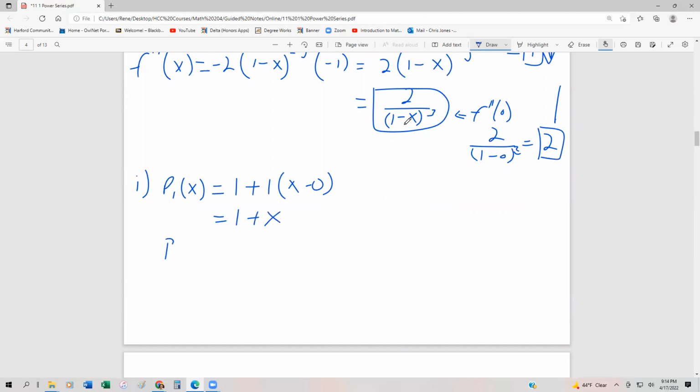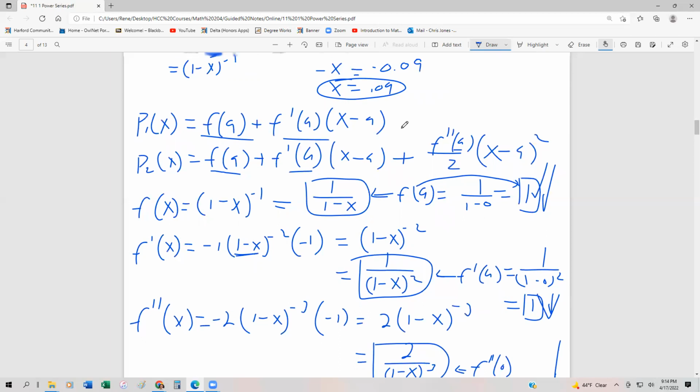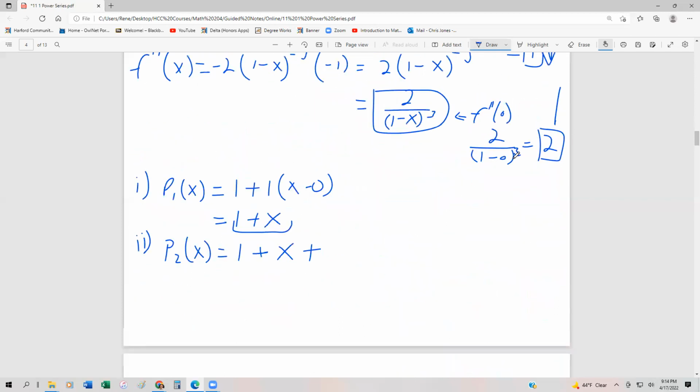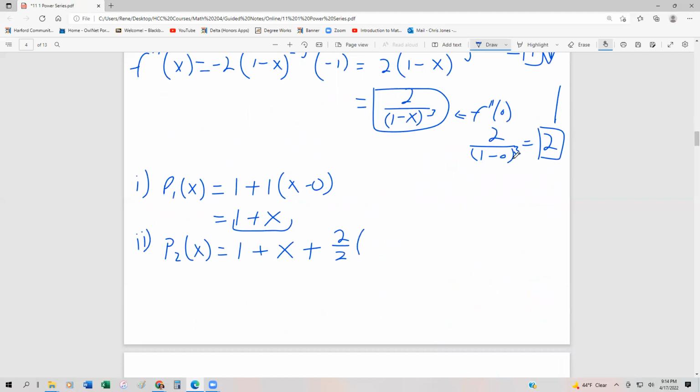For P sub 2 of x, that's going to be equal to what we just got, so 1 plus x, plus the second derivative of a divided by 2, times (x minus a) squared. So this is going to be 2 over 2 times (x minus 0) squared.